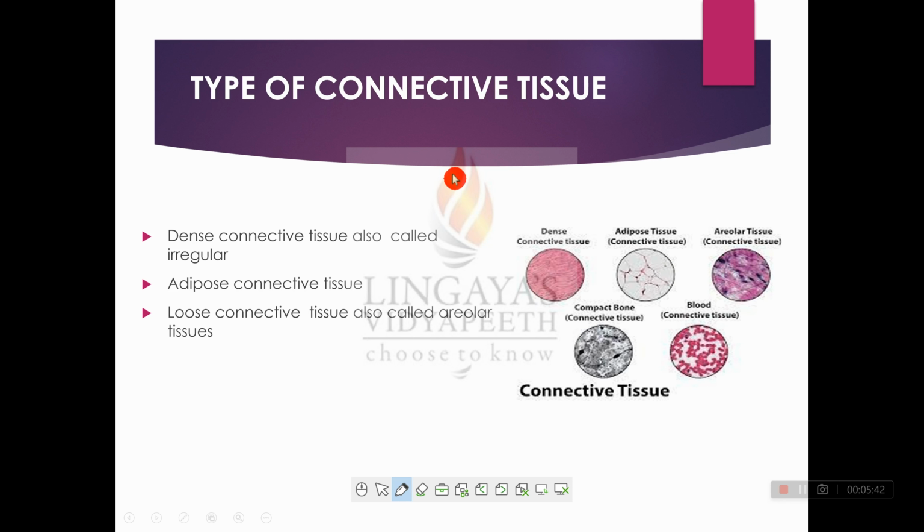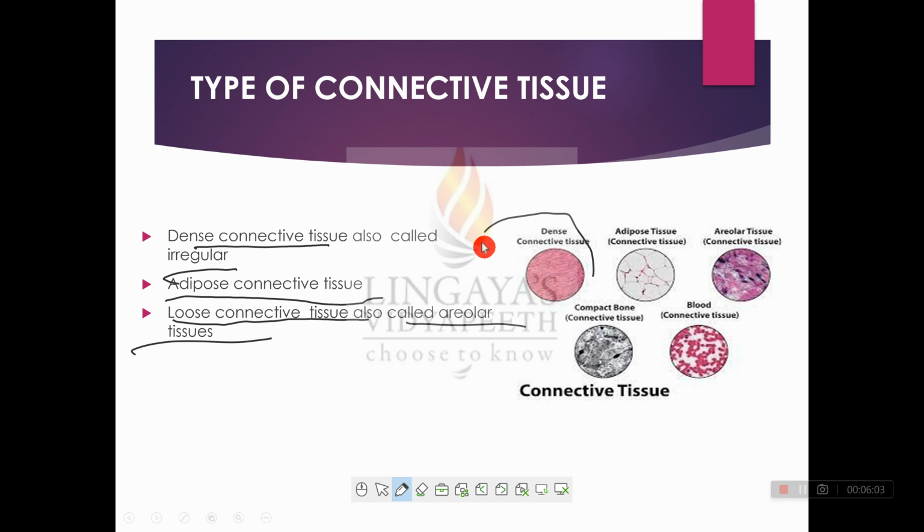Moving on. Now talking about the types of connective tissue. There are different types of connective tissue found in the human body. The types are dense connective tissue, also called irregular connective tissue. The second one is adipose connective tissue. The third one is loose connective tissue, also called areolar tissue.